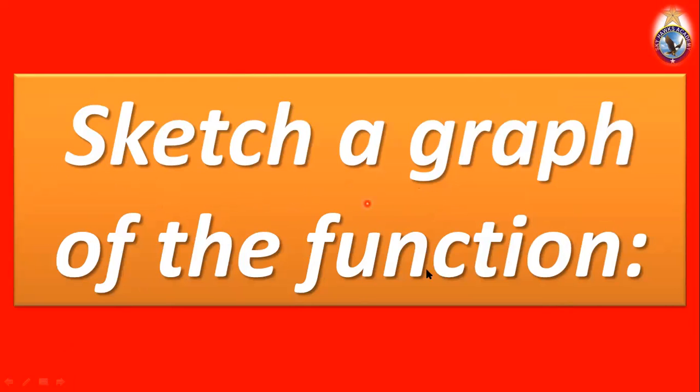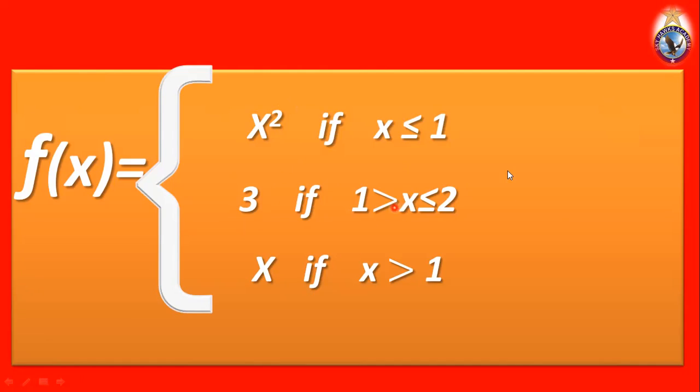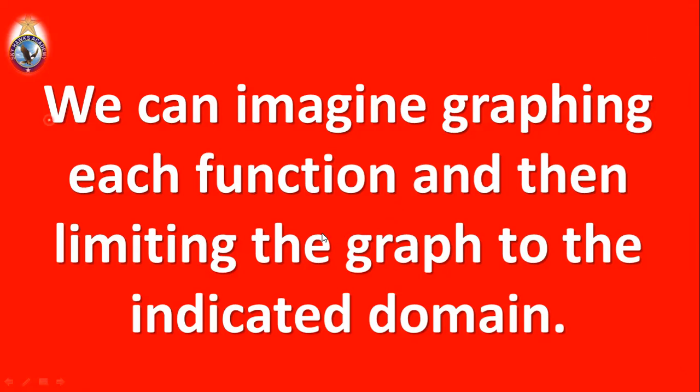Now we are going to draw the graph. The function is given, and we will see the nature of this function, what the different domains are, and how we get three different types of graphing of this, which is called piecewise. Now this is the function. You can see that f(x) is defined in three different ways. One is x squared if x is less than or equal to 1.